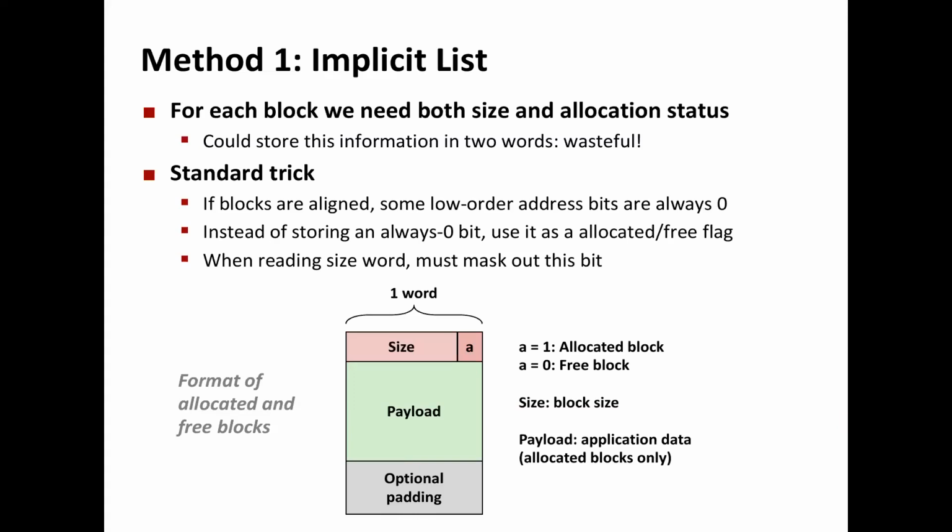Instead of storing 0 there, we can use it as an allocated or free tag. So is it allocated? Then it's going to be 1. Is it free? Then we're going to put 0. Again, size 2 bytes, 4 bytes would normally have 0 there. So now let me recycle that bit in the size to indicate whether the block is allocated or free.